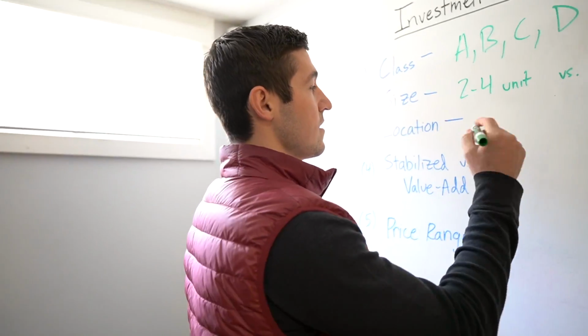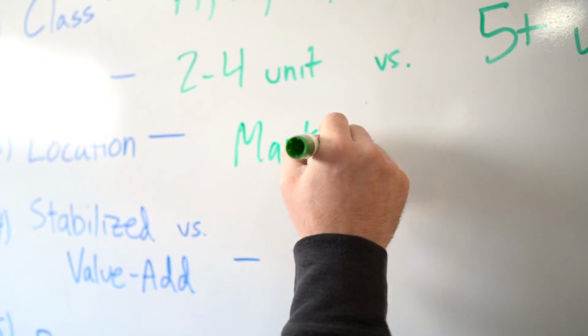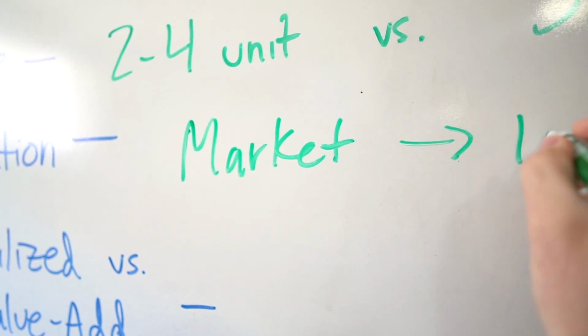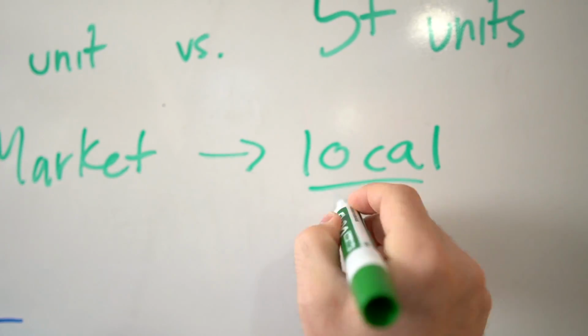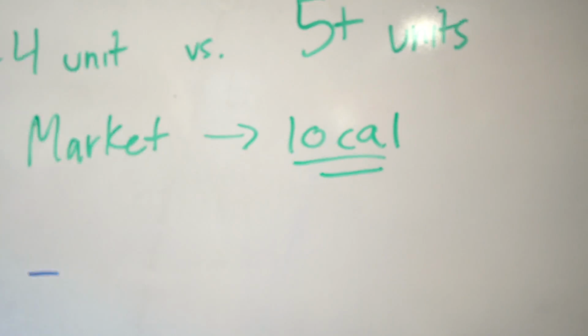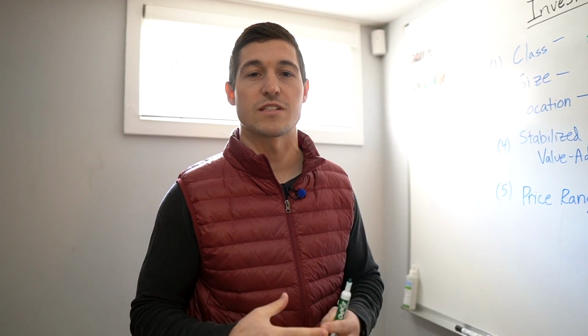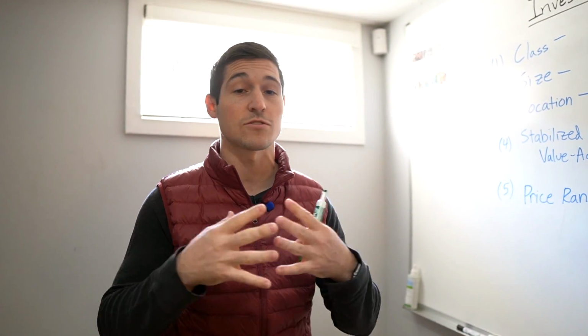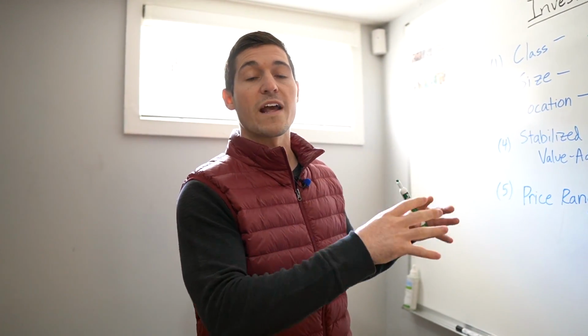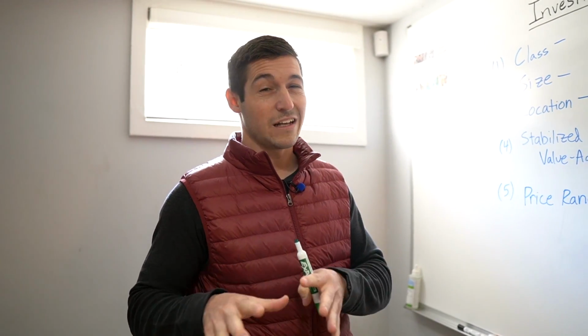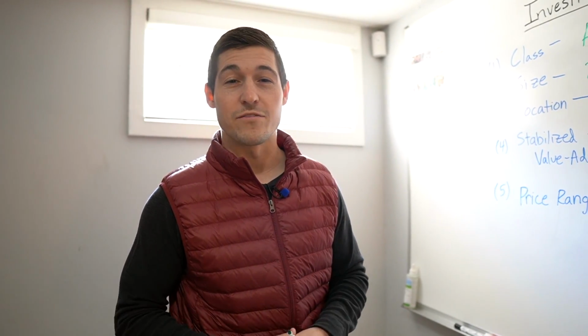For location, just know it's market, and then it's also local, street by street. Make sure you reach out to brokers so you can understand that. Driving the market is also a great way to figure out what areas are nicer and what are probably not an area you want to invest in.